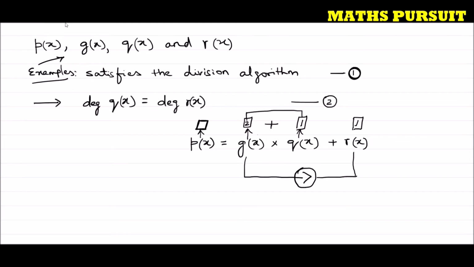These are some of the conditions we should always keep in mind. Now if the degree of g(x) is 2 and the degree of q(x) is 1, that means the degree of our p(x) is going to be 3. See how easily we can frame our polynomial now. Now keeping these things in mind, let us frame a polynomial.